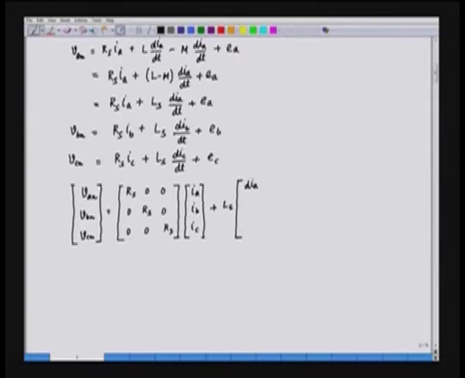The inductance LS is the same in all 3 phases, so we have LS times dIA by dt, dIB by dt, dIC by dt, plus the back EMFs EA, EB and EC.